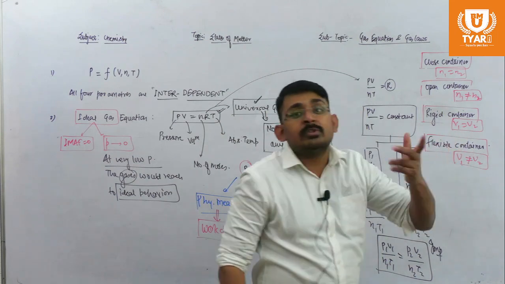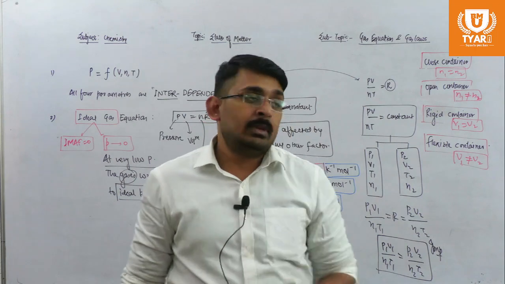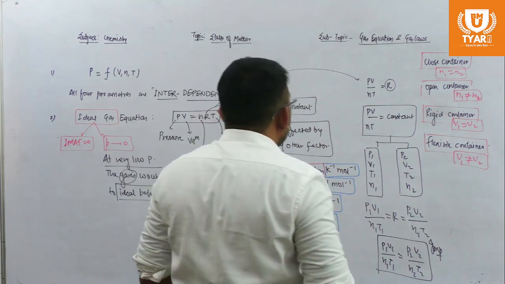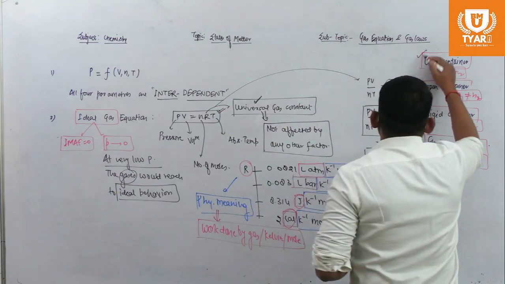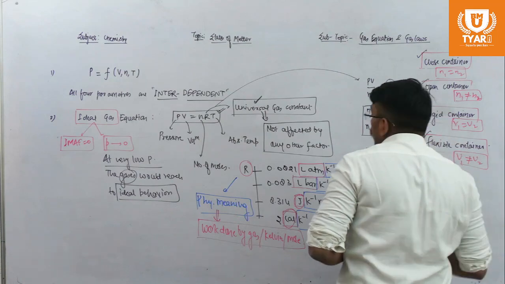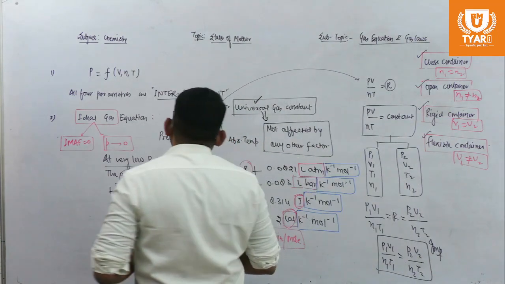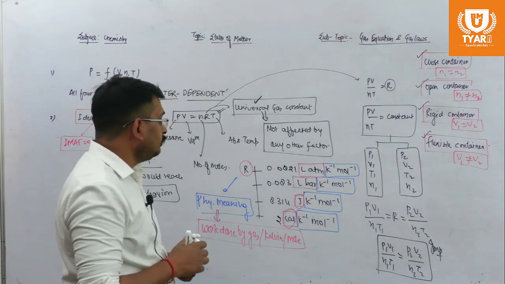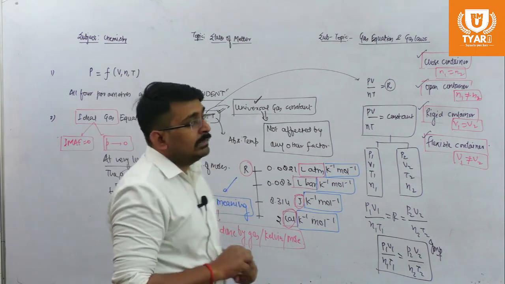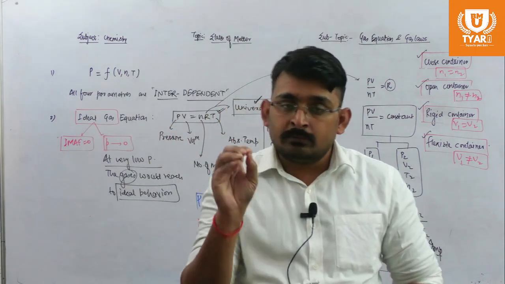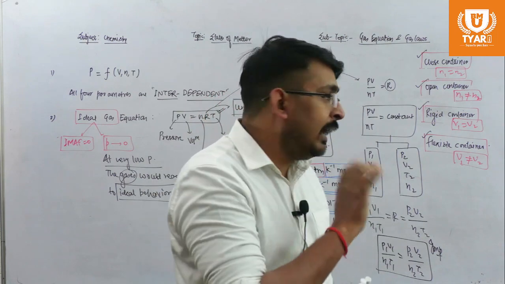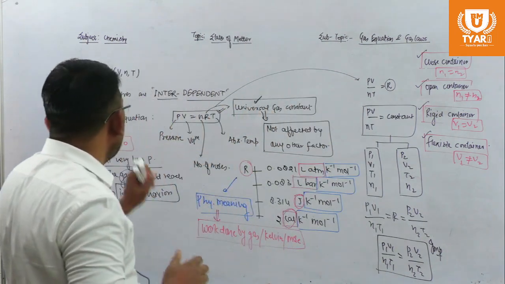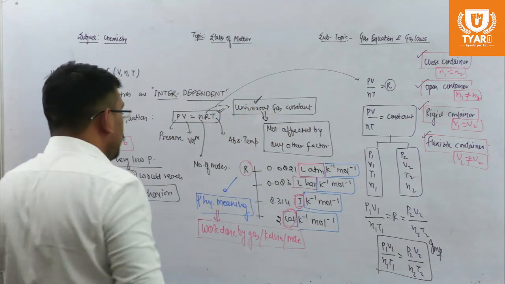Flexible container, volume is not the same. So these four things will definitely help you while doing your numerical questions. This is the meaning of some important terms, and I have explained the ideal gas equation.